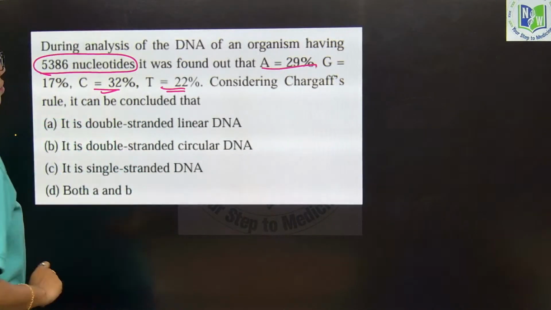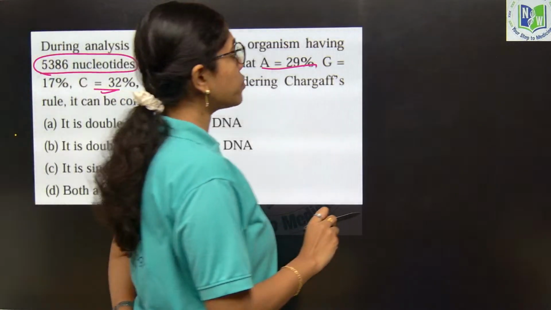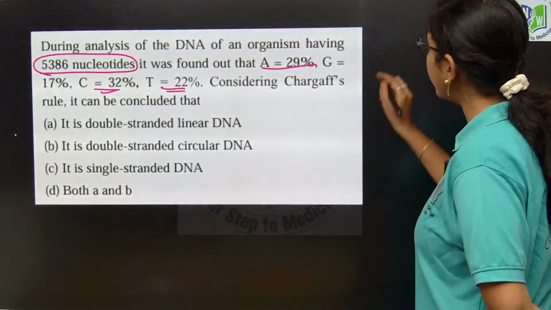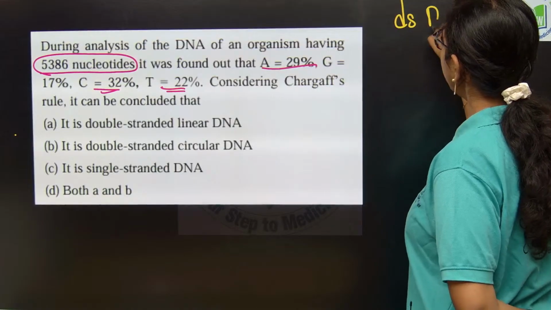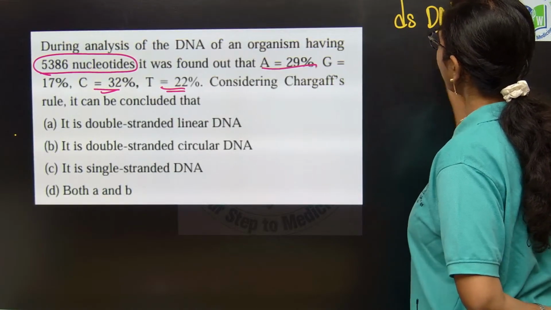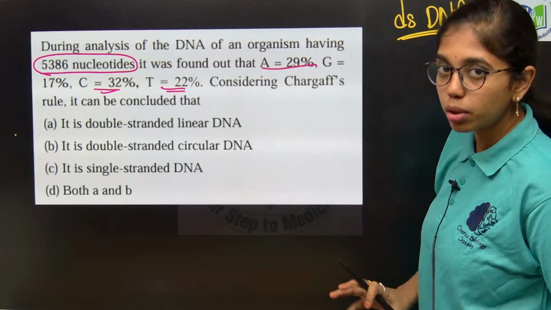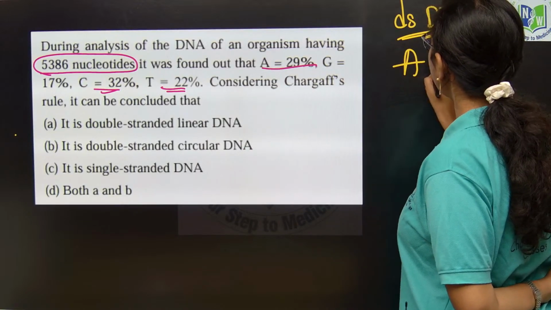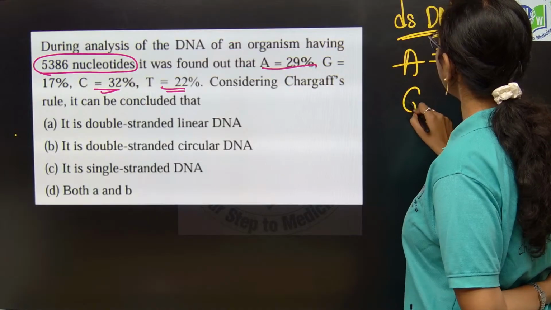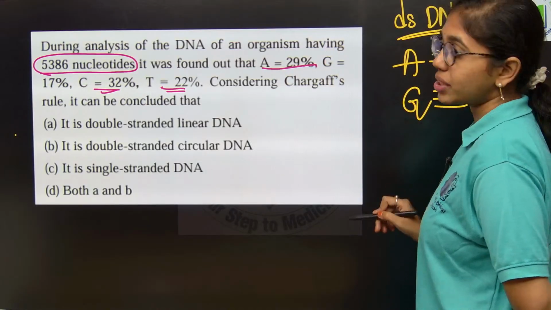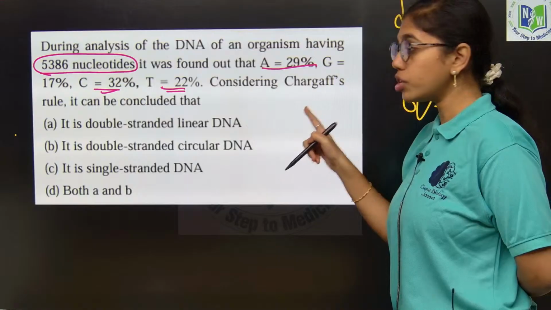According to Chargaff's rule, in any double-stranded DNA, be it circular or linear, the number of purines will be equal to the number of pyrimidines, and the number of adenine equal to thymine, number of guanine equal to cytosine. This is what is said by Chargaff's rule.